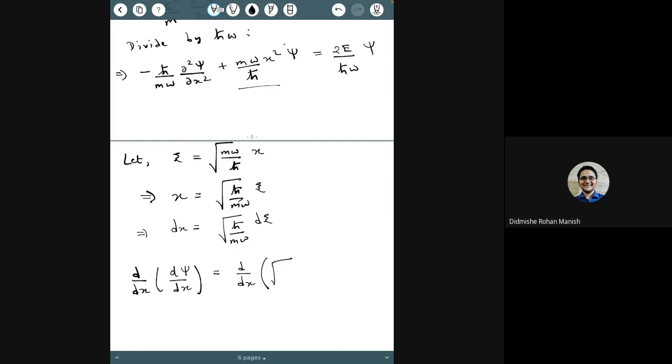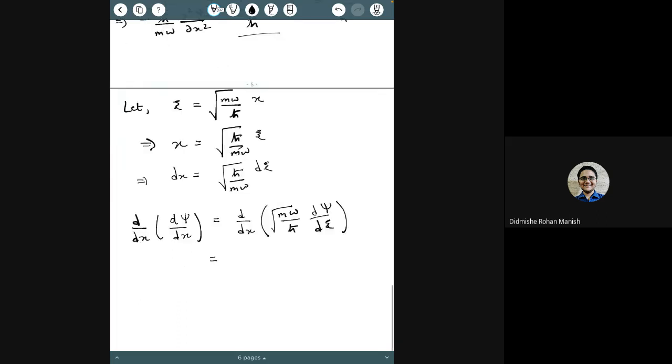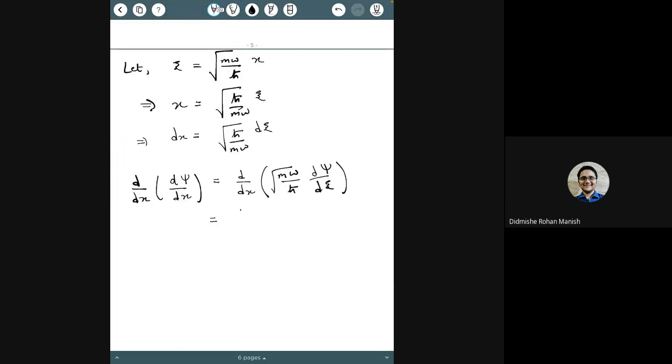d psi dx is now the reverse of this, so root of m omega by h cross d psi.